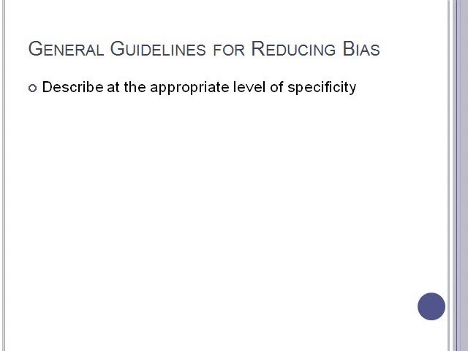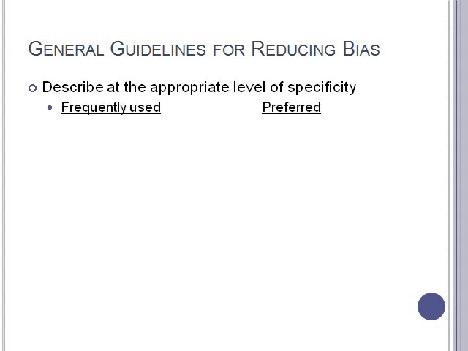It also, in terms of other APA style things, is ambiguous writing. It isn't clear and precise. So describing things with the appropriate level of specificity reduces bias, and it also serves to decrease ambiguity.